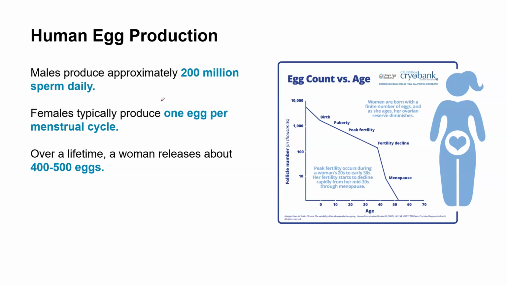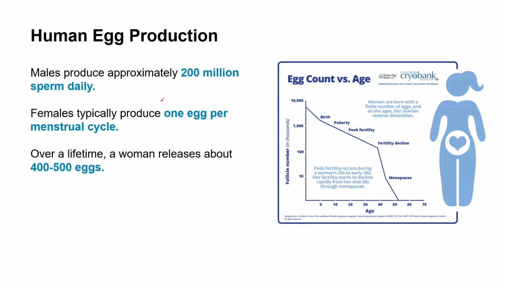And then when they reach puberty, the age of maturity, the eggs will further reduce to about 300,000 to 500,000. And over a lifetime, a woman can release only about 400 to 500 eggs.